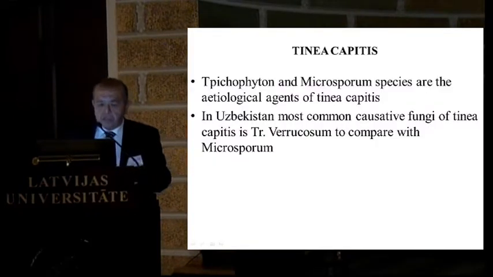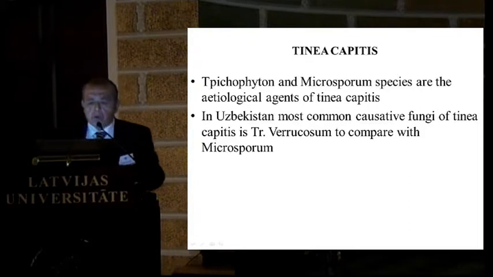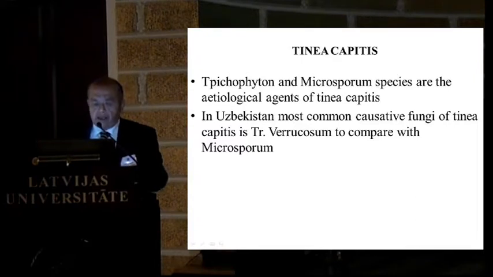Trichophyton and Microsporum species are the main etiological agents of tinea capitis. In Uzbekistan, the most common causative fungus of tinea capitis is Trichophyton verrucosum, compared with Microsporum. For example, in Russia, Microsporum is the most common causative fungus of tinea capitis. There are some differences.